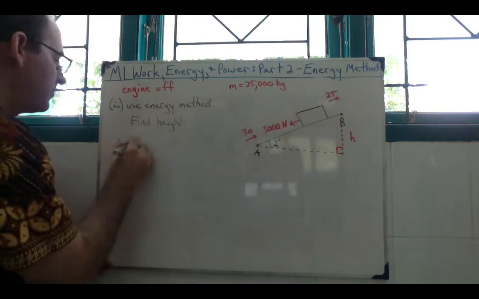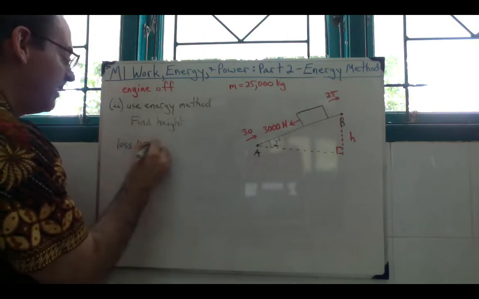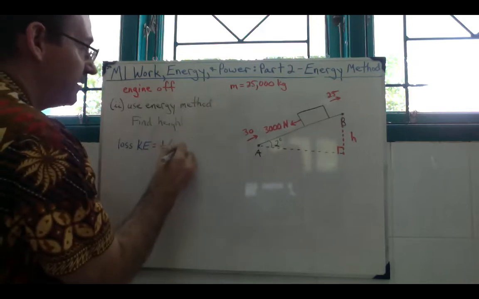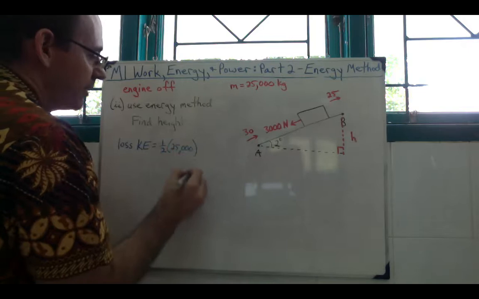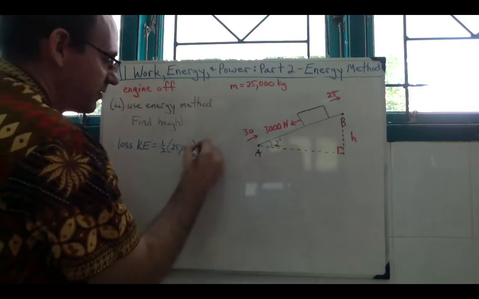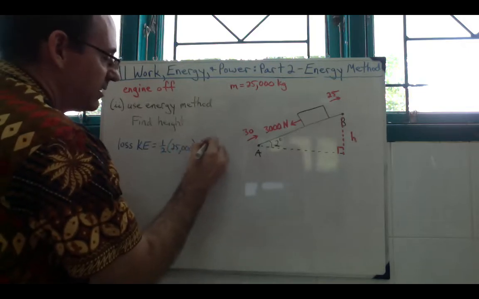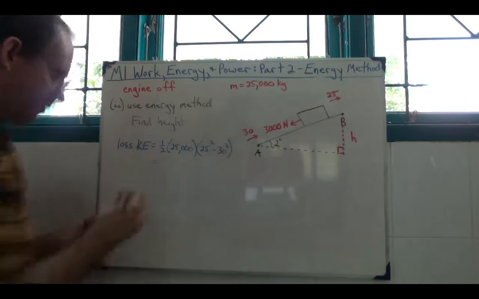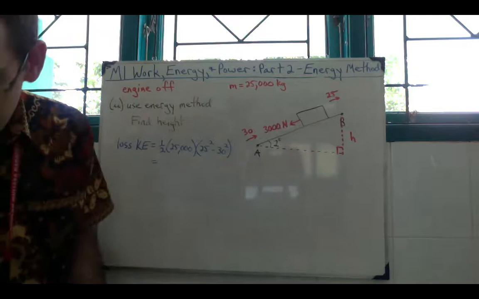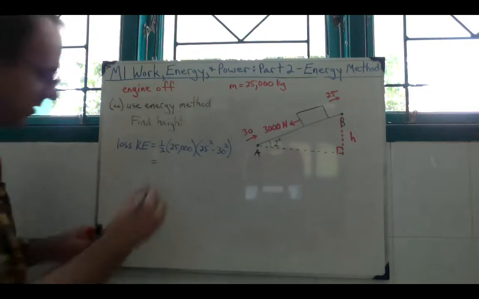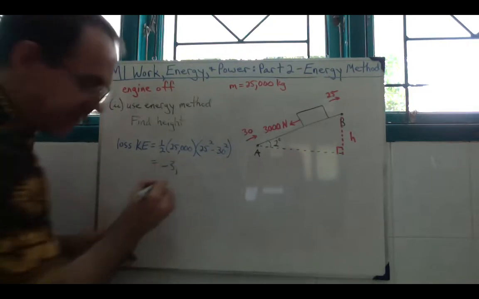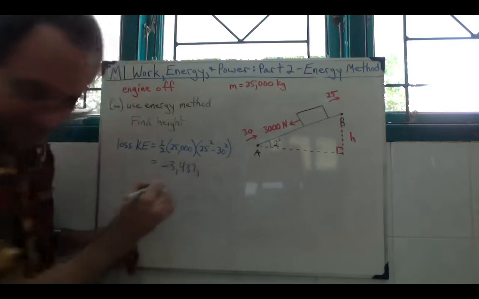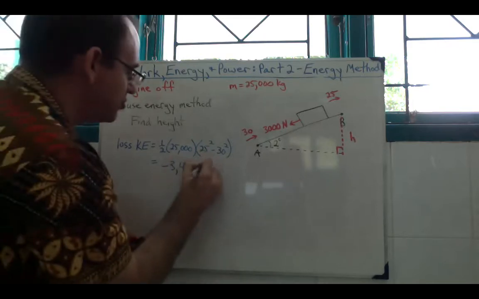So our loss in KE equals 1/2 the mass, 25,000, times the difference, our final velocity squared minus our initial velocity squared. And so our loss in kinetic energy is a very large 3,437,500 joules.